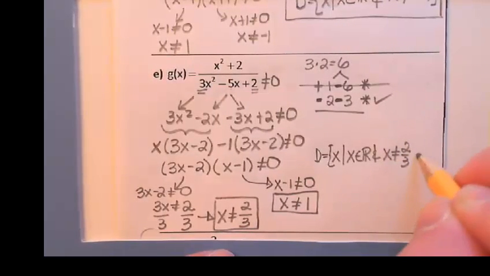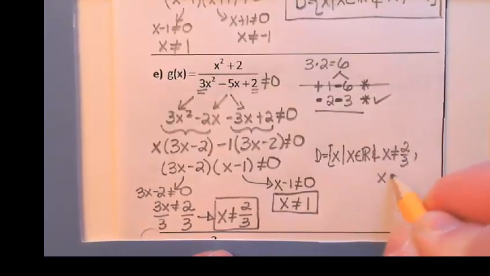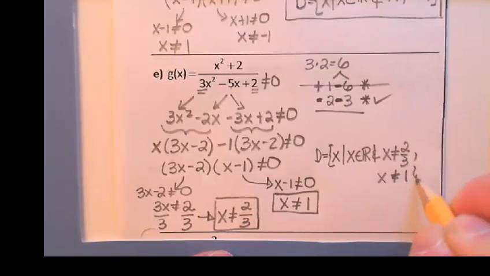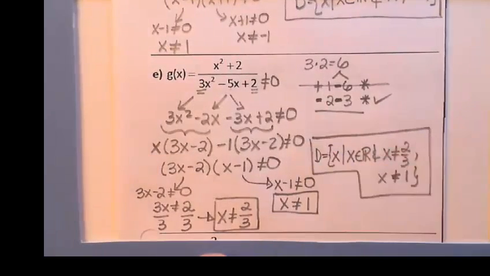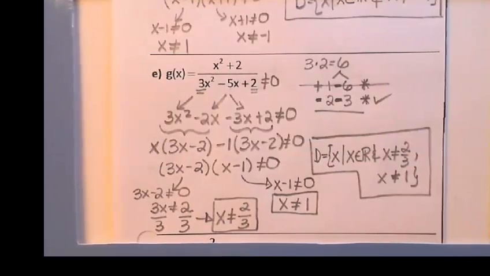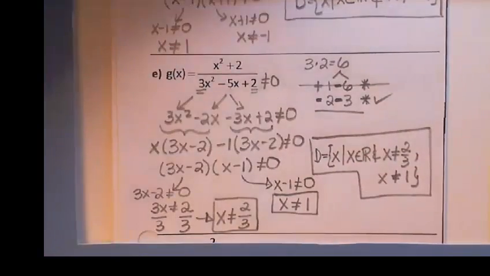And I'm running out of space here, so I'm going to write underneath, x different than 1. So this is going to be my domain. Okay. Alright, very well. Let's go on to the next one.